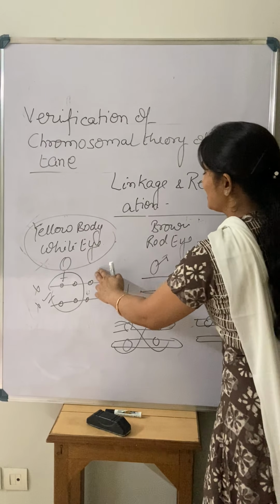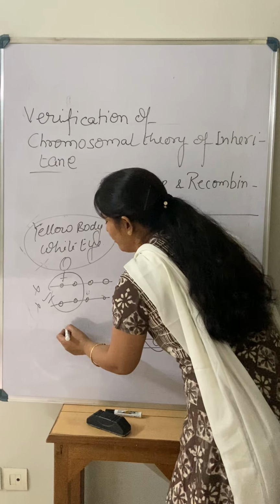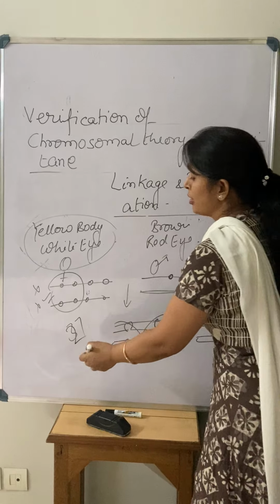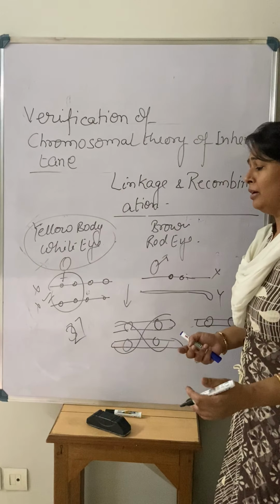When you see this example, the recombination is very small, maybe 37%, maybe 27%, and the remaining is the parental combination.